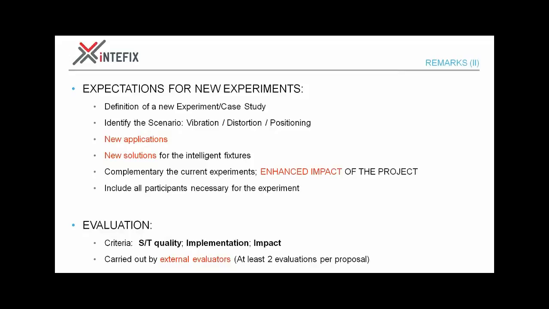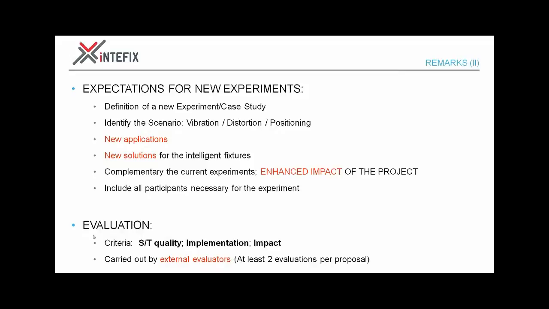And finally, the impact is how the work developed in these experiments is going to have an impact on the industry, basically the manufacturing industry, and also on the supply side, the SMEs with own products. That is, to find new applications for the products of the SMEs.